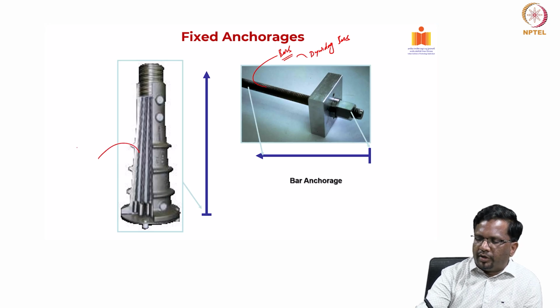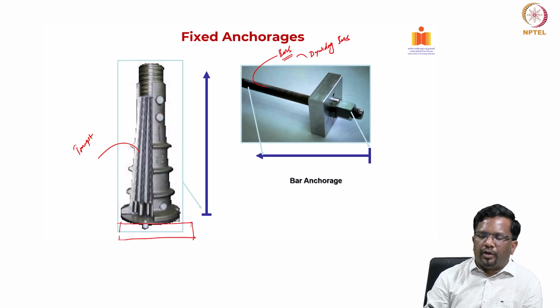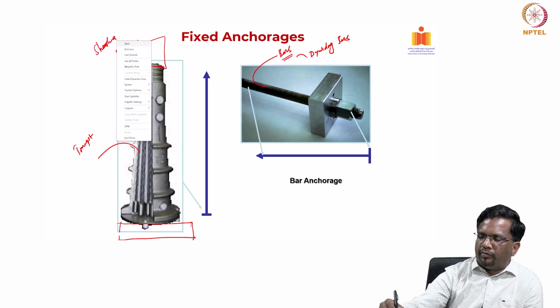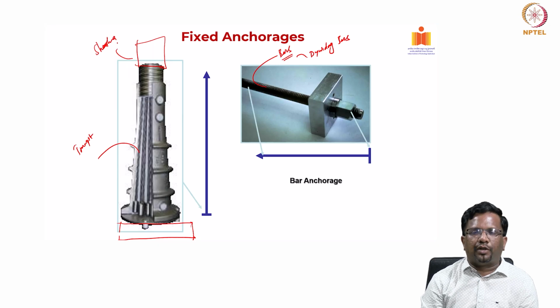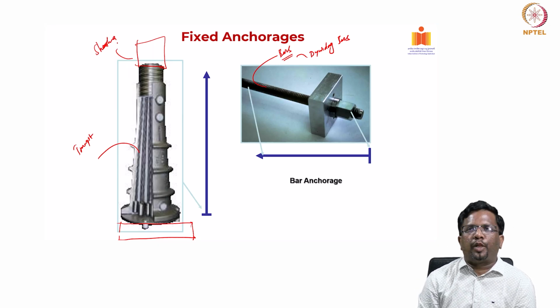And this is called a trumpet, which will be connecting to the anchor block at one end, and on this side you will have sheathing, so that the cable will go through that. So these are the different types of systems that we use in pre-tensioning and post-tensioning.